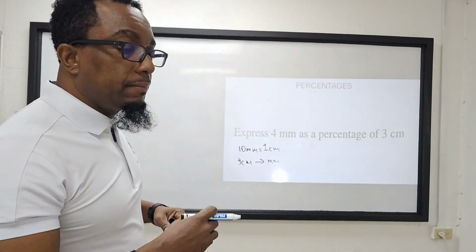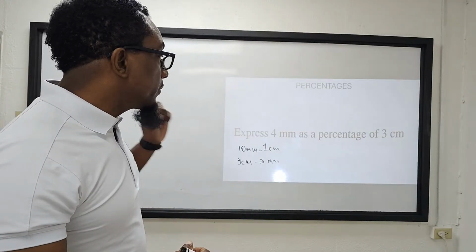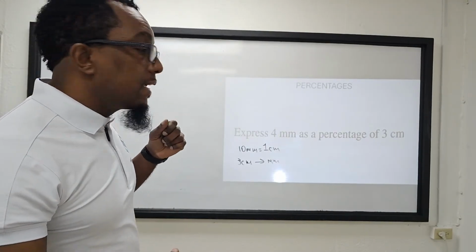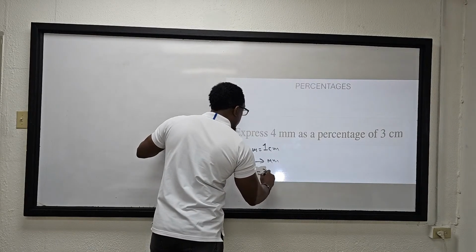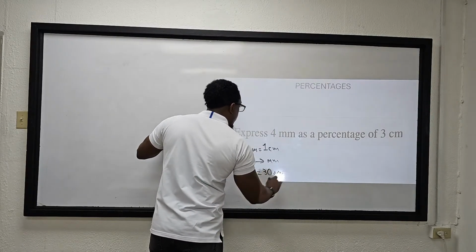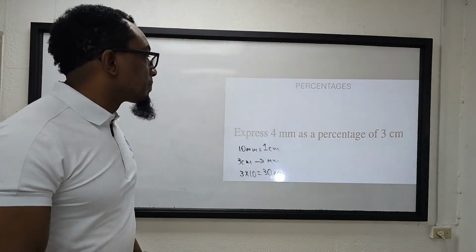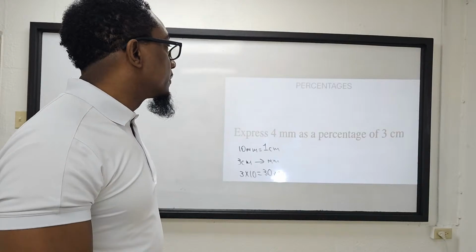From a smaller unit converted to a bigger unit, you divide. So I'm going to multiply 3 by 10, which will give me 30 millimeters. So 3 centimeters is really equal to 30 millimeters.